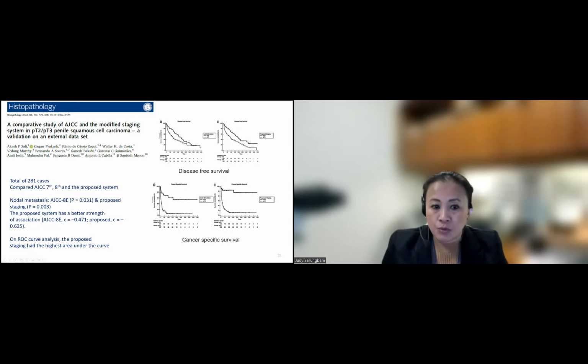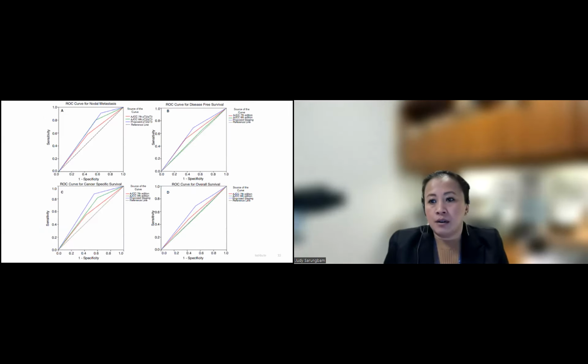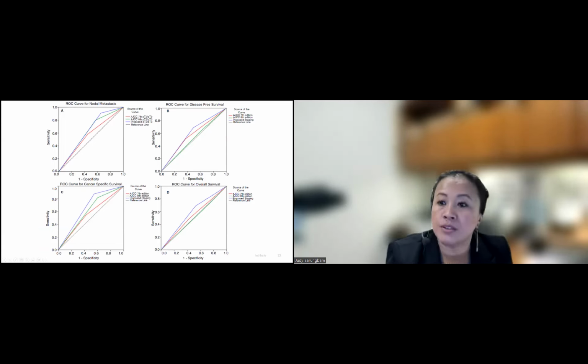However, for cancer-specific survival and overall survival, only the AJCC 8th edition and the new proposed staging system are statistically significant. On ROC curve analysis, the proposed staging had the highest area under the curve, which is depicted in this slide, where the blue line depicts the proposed staging system.